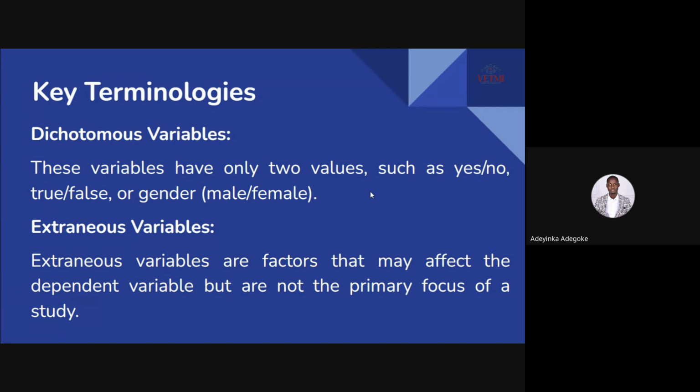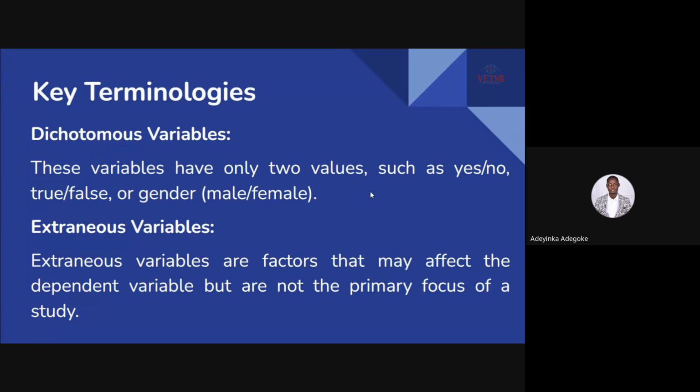Like yes or no, true or false, gender, male or female, pregnancy status, positive, negative. HIV status, positive, negative. Contraceptive use, either you're using or you're not using. So those are dichotomous variables. Di means two.